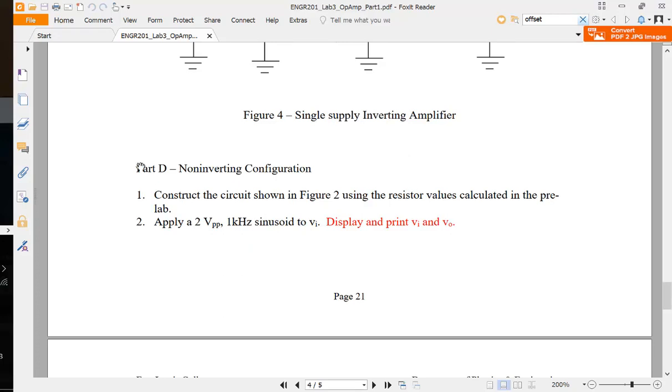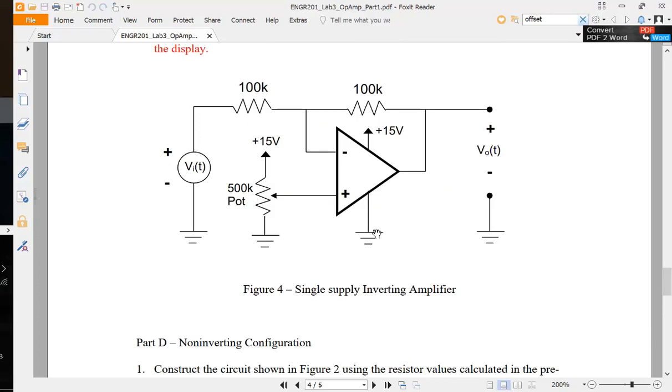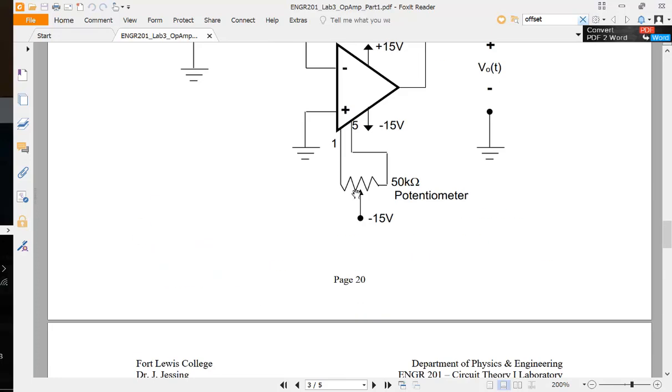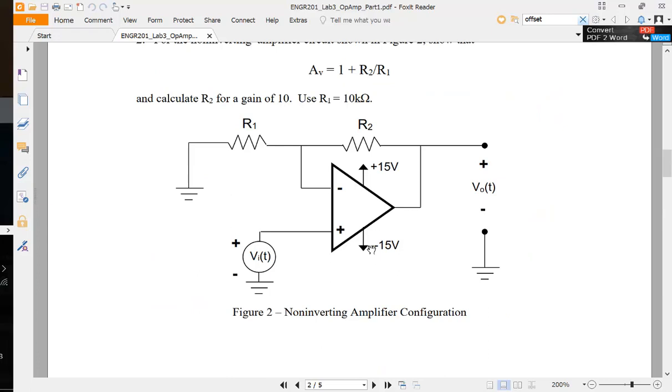In part D, non-inverting configuration, construct a circuit. Everything here uses a bottom rail for the ground, and then suddenly part D, which is the very bottom of the lab, asks you to go back to figure 2. If you go to figure 2, it's a negative 15 volts bottom rail. It's easy. You don't have to lift it. Don't worry about the lifting issue.